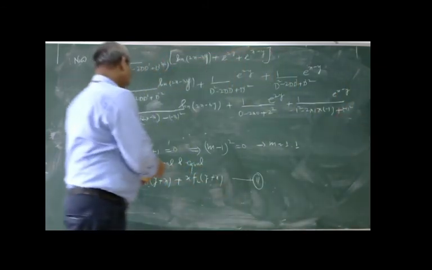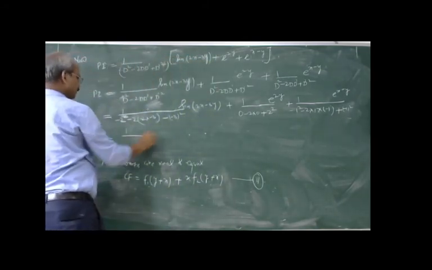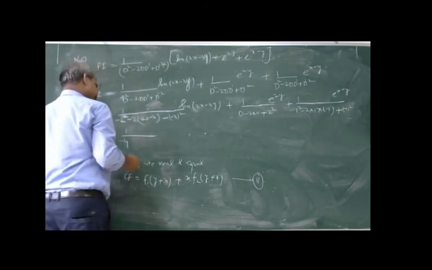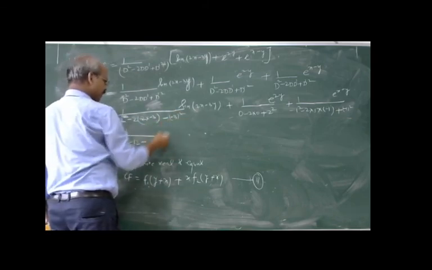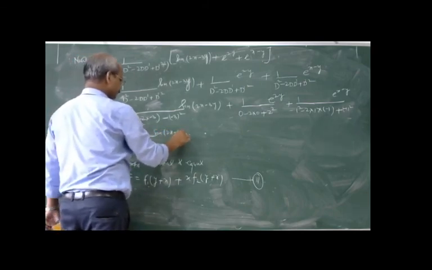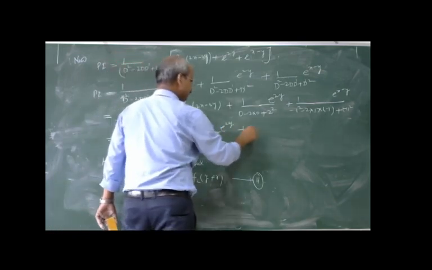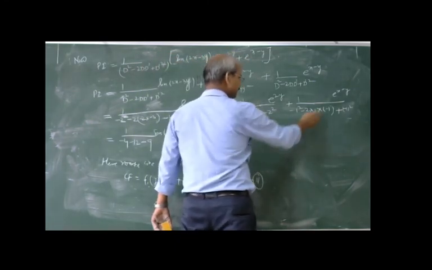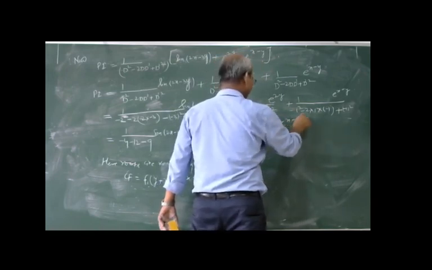Okay student, so this is minus 4, and this is minus 2 into minus 3 which becomes 6, 6 twos are 12, minus 12, 3 threes are 9, so 9 minus 9, sine, plus 1 upon this becomes 4 e to the power 2y, since this is 0 and this is 0, so 2 to the power 4. 1 square, 1, minus minus becomes plus, and this also becomes plus, e to the power x minus y.